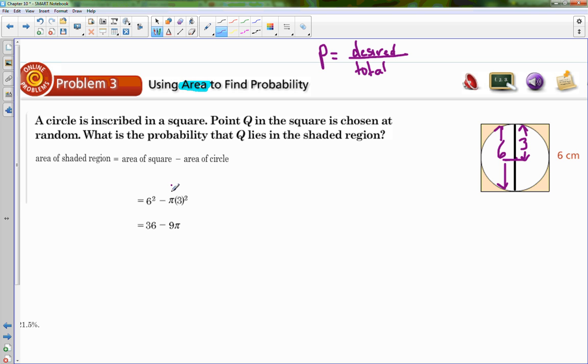So we replace the r in pi r squared with 3. Now we simplify this down and we get 6 times 6 is 36, 3 times 3 is 9, and I got a pi. Awesome. So we found the area of the shaded region is 36 minus 9 pi.